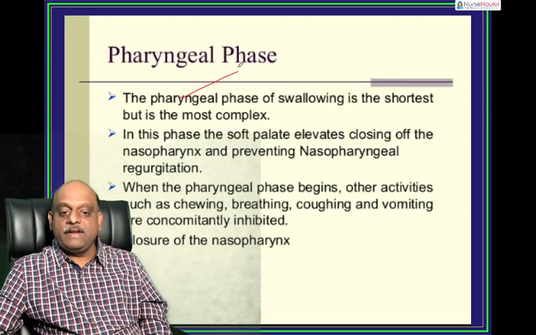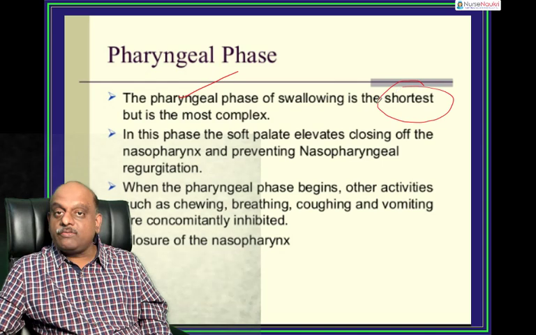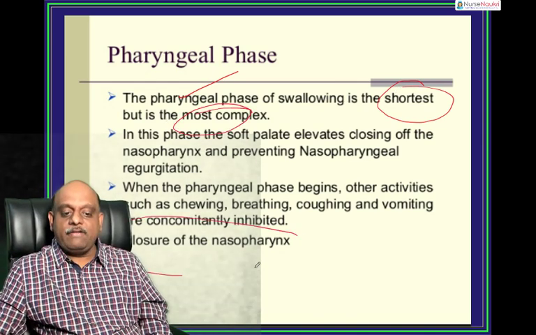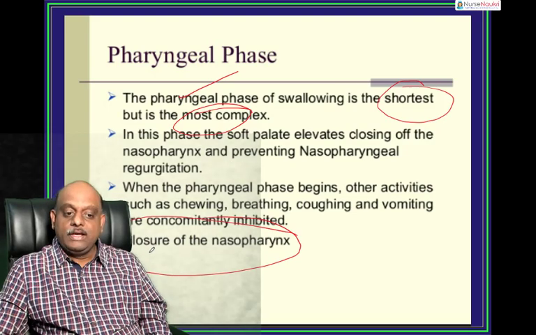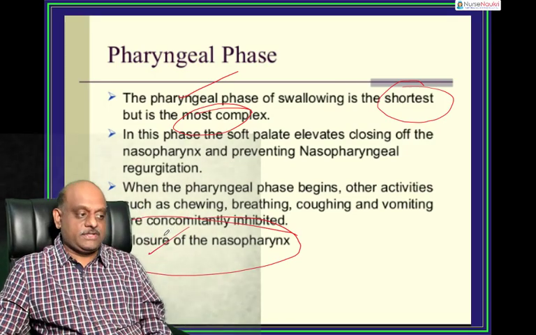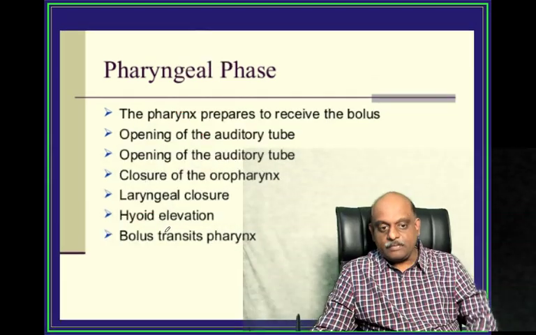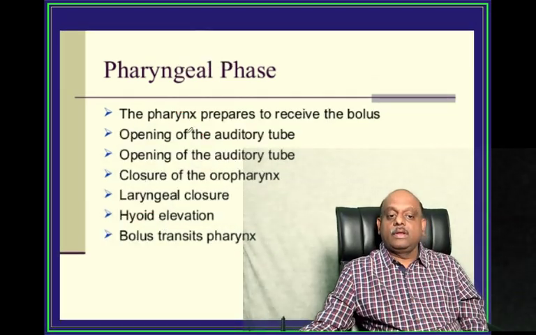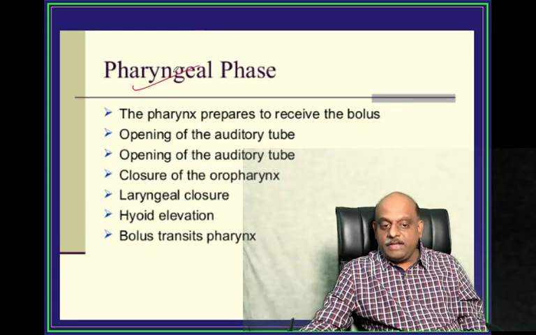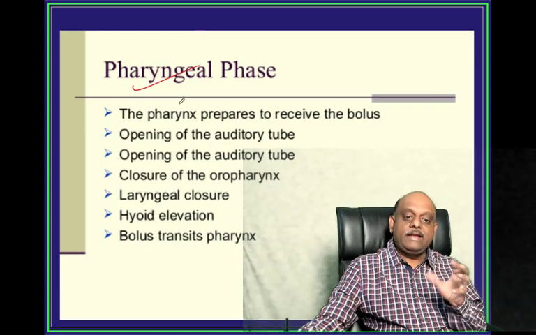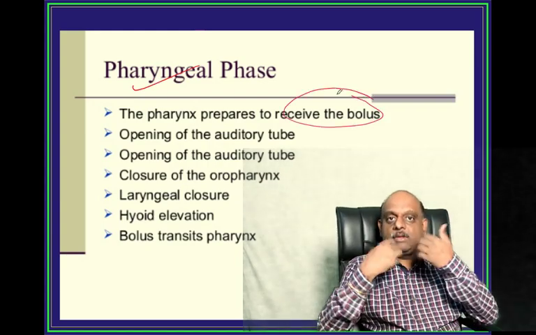Then comes the pharyngeal phase. Pharyngeal is the shortest of all the phases, but the most complex phase. And the main thing in the pharyngeal phase is that there is a closure of the nasopharynx. That is what you should remember. Now, when the pharyngeal phase is happening, the pharynx prepares to receive the bolus from the mouth.